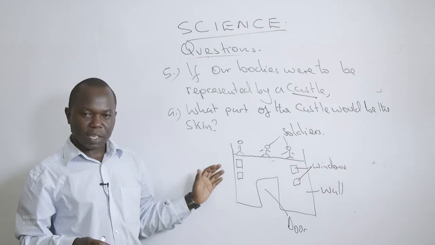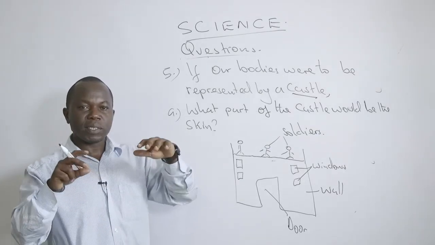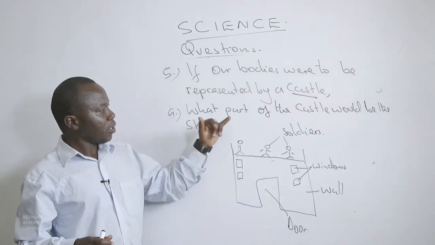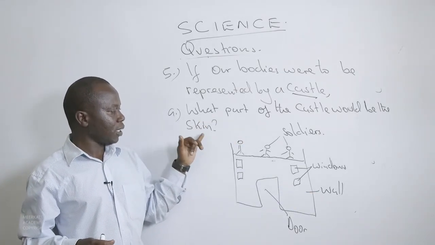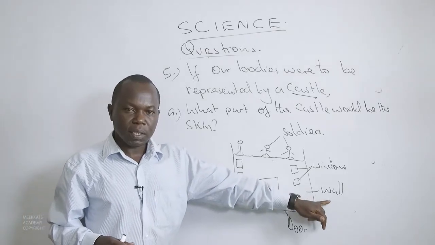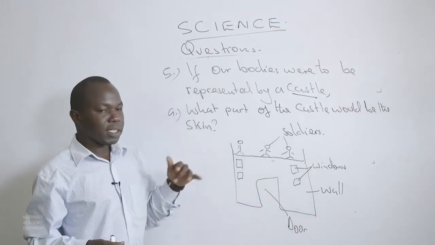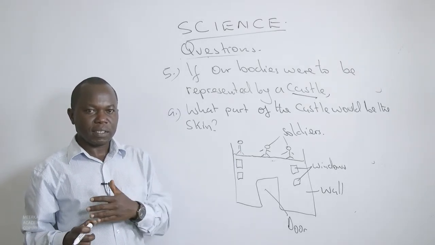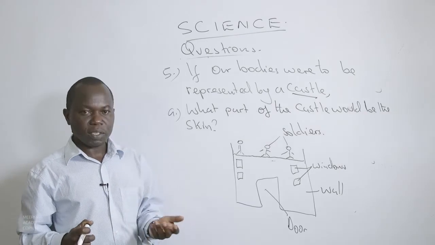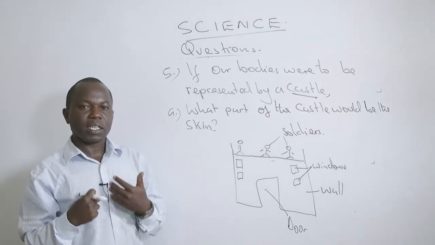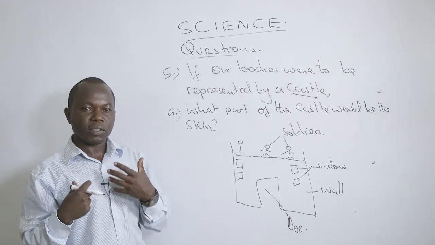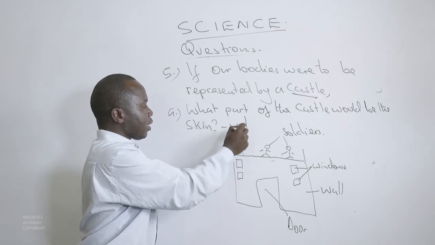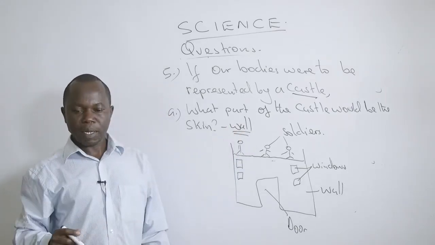So the largest part of the castle, what you can always see whenever you see a castle, is the wall. So the part of the castle that will represent the skin would be the wall. And remember, some of the roles of the skin is to protect against invasion by pathogens. The skin is actually protecting us from getting those diseases. The wall is also performing the same in this case. So our answer there becomes the wall.